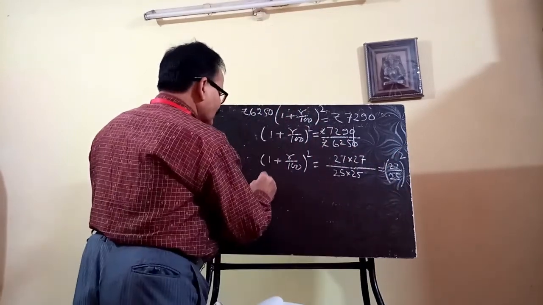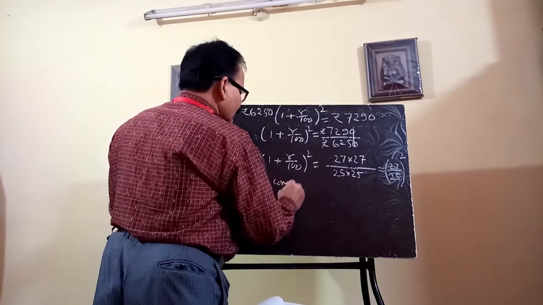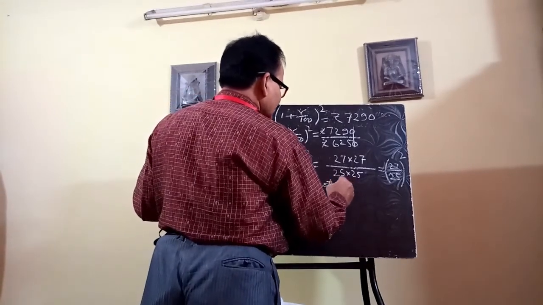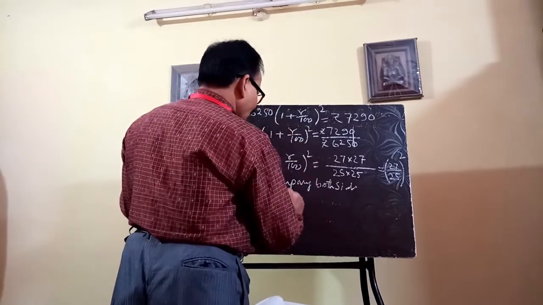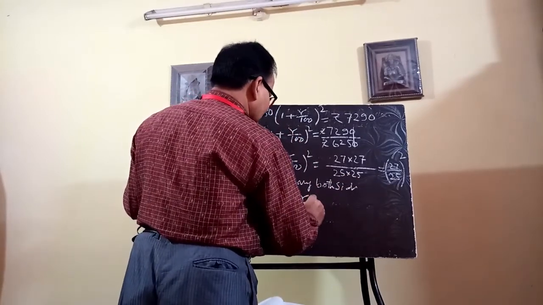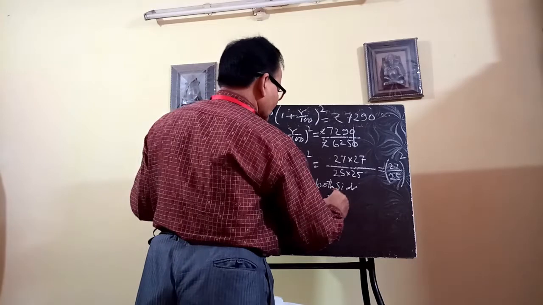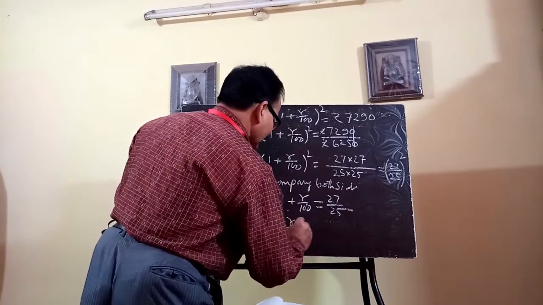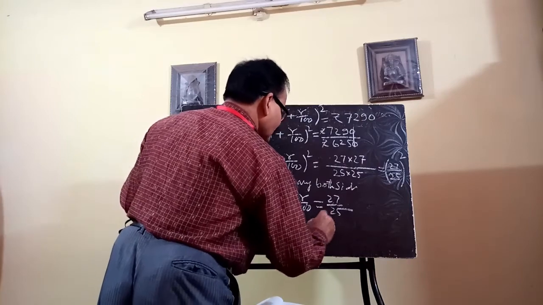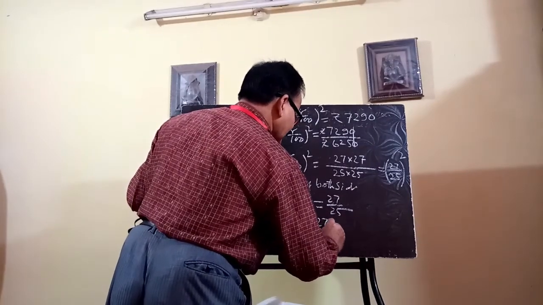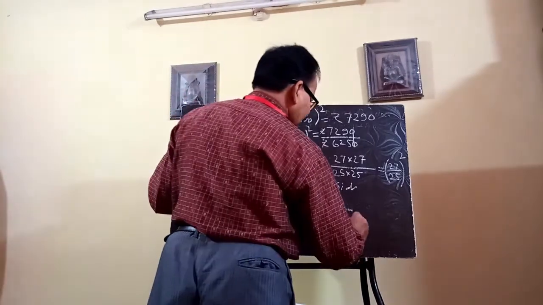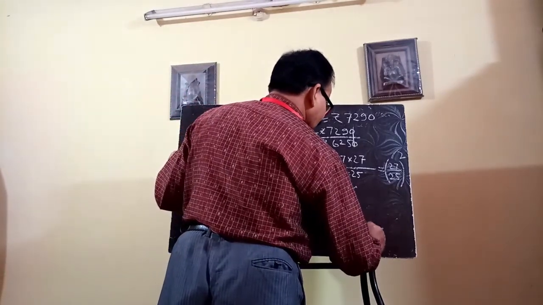So by comparing both sides, you just see 1 plus R by 100 must be equal to 27 by 25. Then R by 100 equals 27 by 25 minus 1. You take minus 1 to that side, then take LCM as 25.